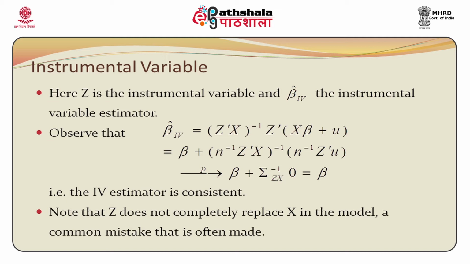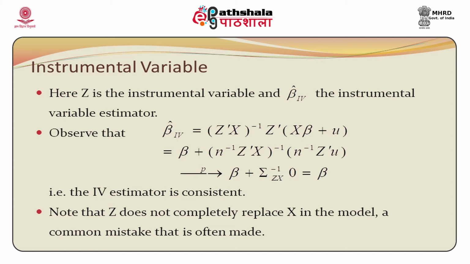And by our conditions, (1/n) Z'X would be tending to Sigma_zx, so its inverse tends to Sigma_zx inverse, but (1/n) Z'u would be going to 0. So, the whole of the second term would be going to 0, and hence beta hat IV, the instrumental variable estimator, would tend in probability to the parameter beta. So, what we have here is a consistent estimator.